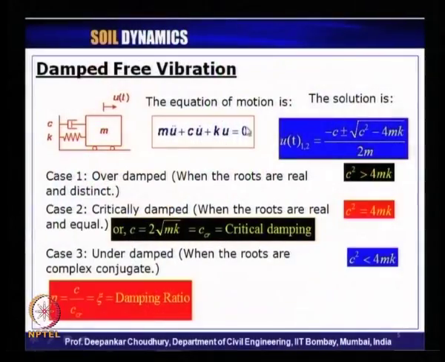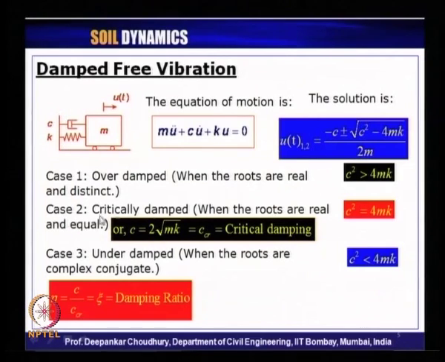Let us look at this slide, what I have told just now. Now, the nomenclature I am giving you. The first case, when roots are real and distinct, with the condition of c square greater than 4 m k, is called over damped. So, if this type of vibration occurs, we call it over damped free vibration.